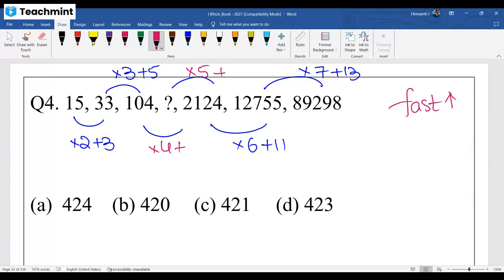But 11 and 13 are already occupied here, so 3, 5, this should be 7, this should be 9. So 104 multiplied by 4 is 416, plus 7. First multiplication, my dear, then addition. 423 is the answer.